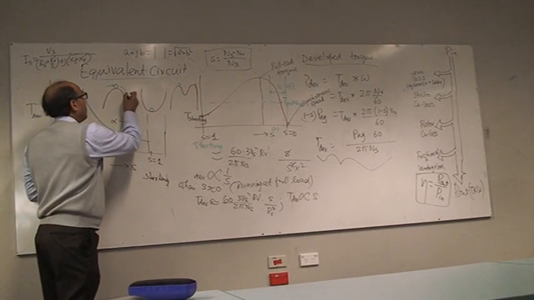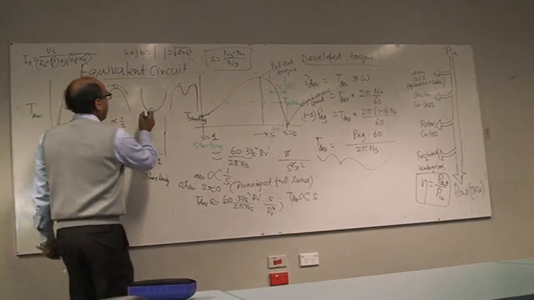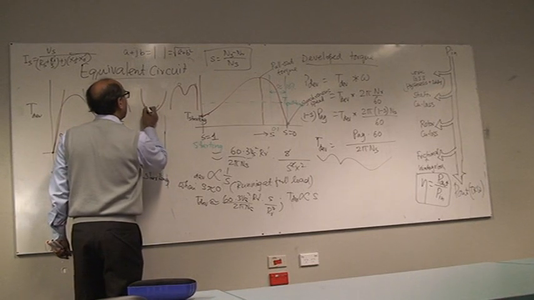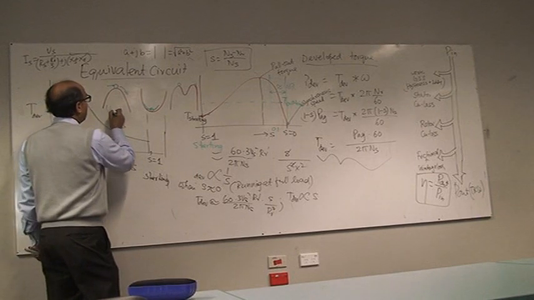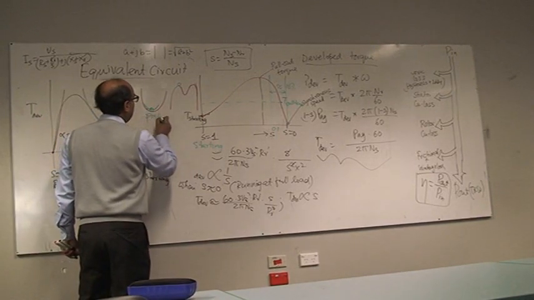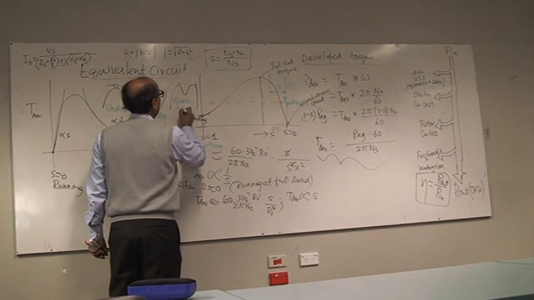This fellow will fall down. If you kick here, it will go like this, finally. So this one is called unstable, this one is called stable, and this one is called quasi-stable.